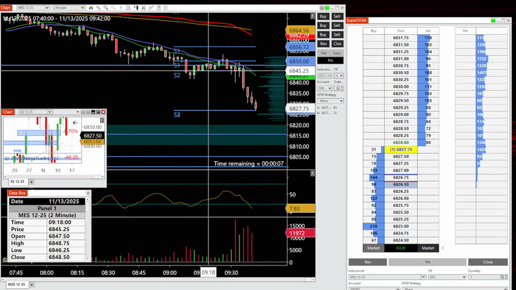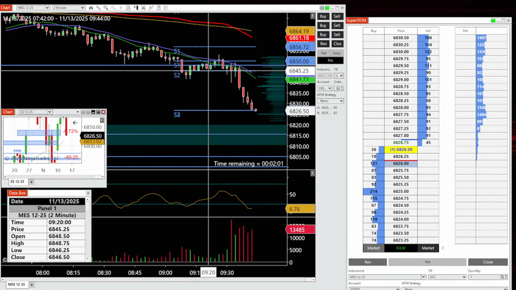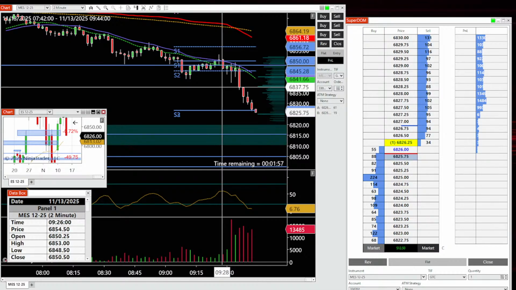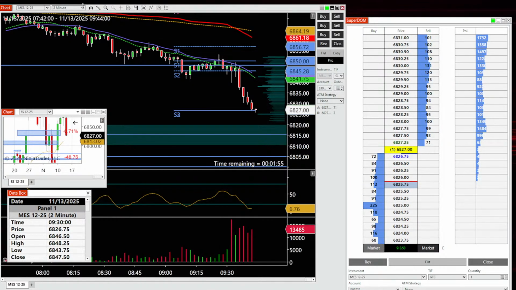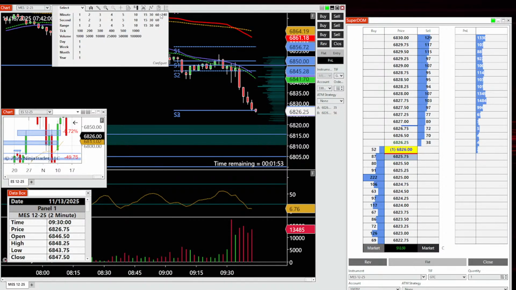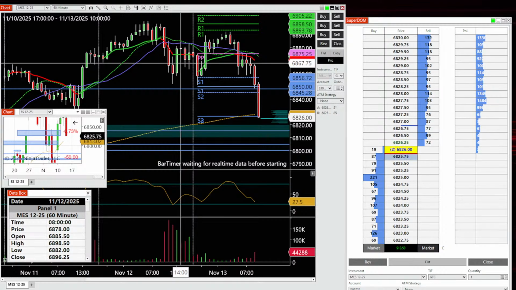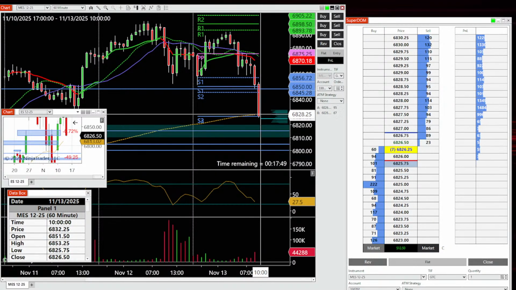When we get a bounce off of here, 26. Or will we just keep rolling? Okay. So right now we have completed the measured move from the head and shoulders down to 26.